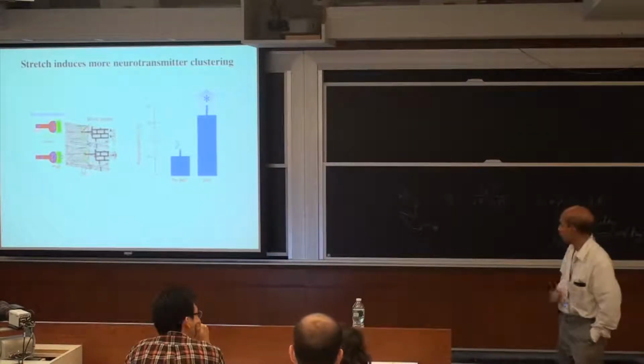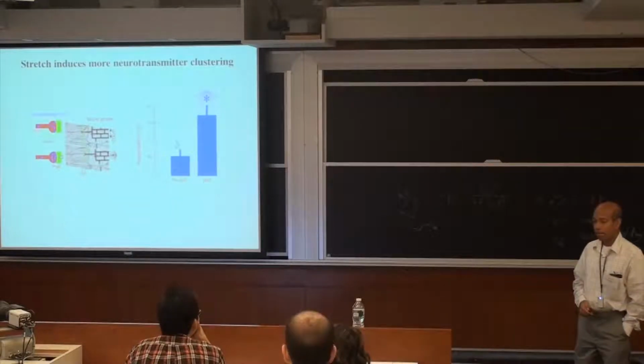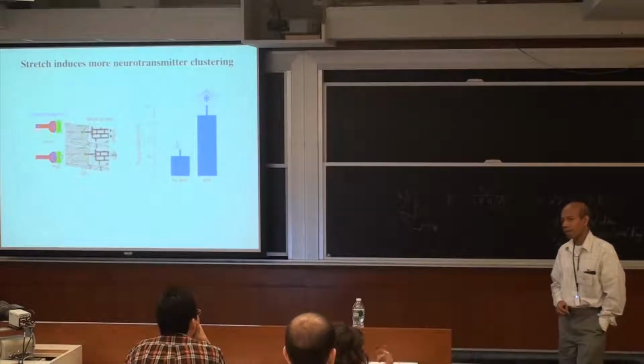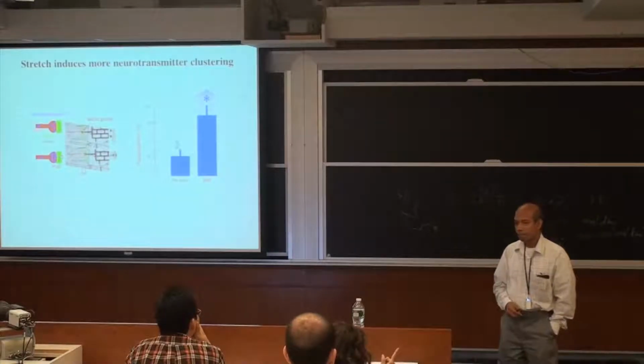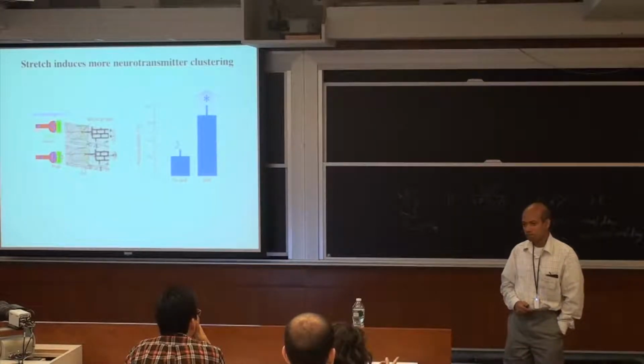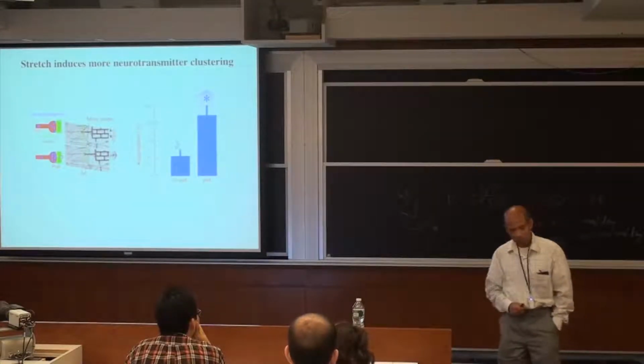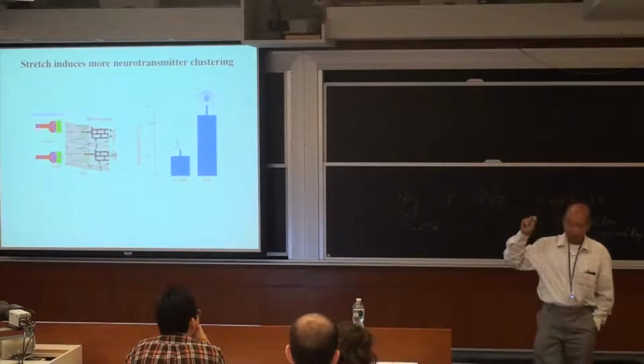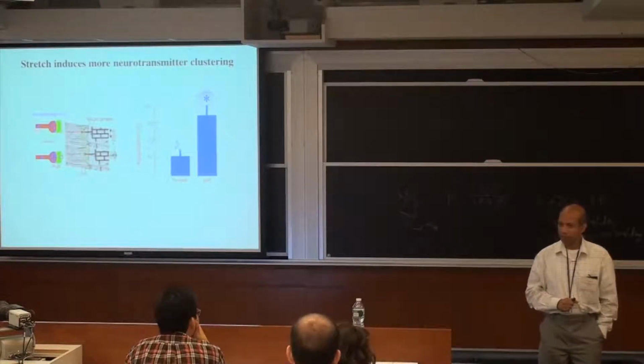So by creating tension, are you creating more stable microtubules that will help motor proteins to carry more neurotransmitters, or is it some other mechanism? This part of it, we don't know. I think that's a big question that we have to address.